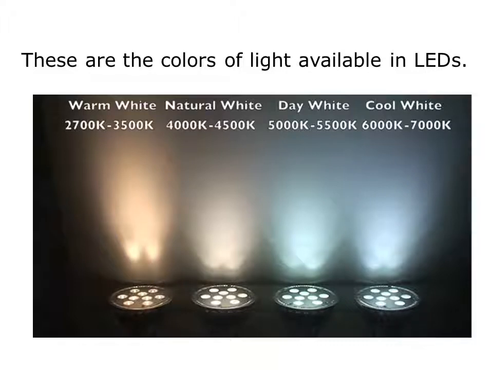And then we have cool white, which is 6000 K to 7000 K, and that not only has a lot of blue light, it has a lot of ultraviolet, which you can just barely detect by the slightly purplish color of the light that's reflected off the back wall.